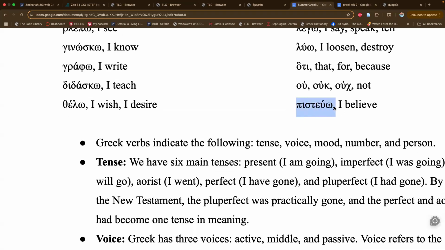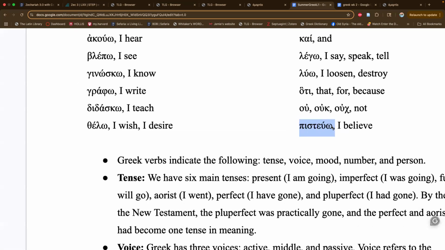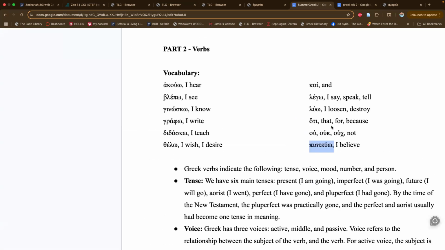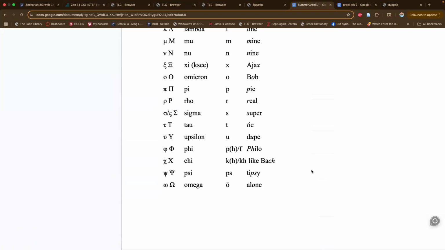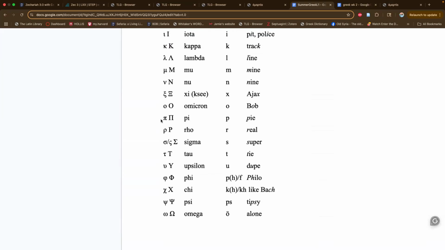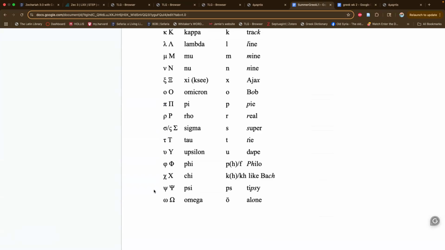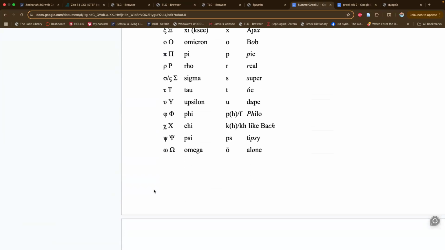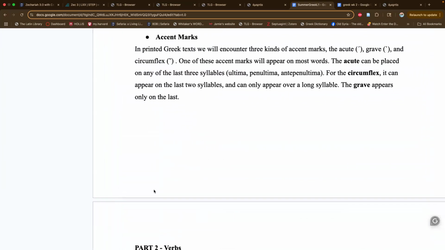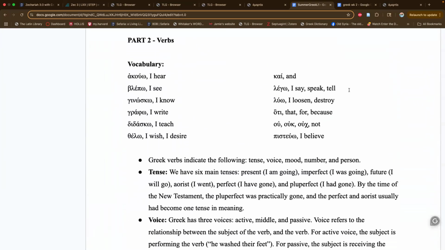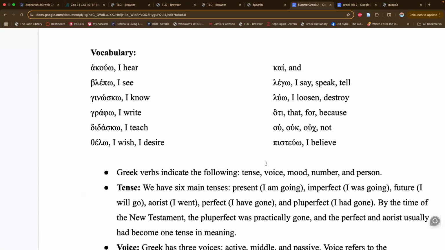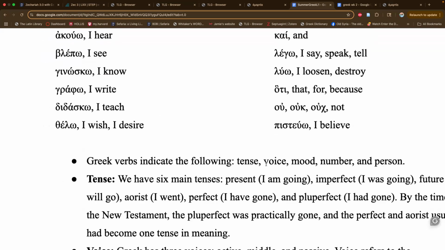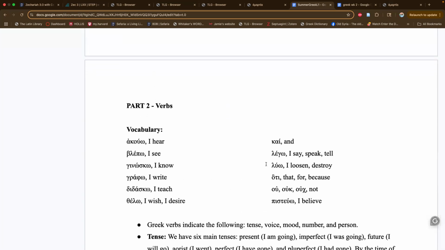But yeah, so pisteuo. Sorry. So if we go back, the pi just makes the p sound. And the one that looks like a trident makes the ps sound. Right, I mixed up which one. Then I can get the pis sound because of the sigma. Okay, so those are our vocab words.